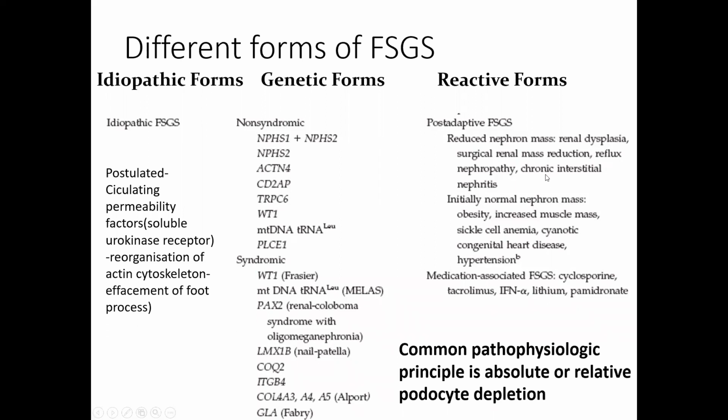These are some reactive forms of FSGS. Whatever the cause, the common pathophysiological principle is absolute or relative podocyte depletion. The depletion can be absolute or relative. You should know that podocyte depletion is the final pathophysiological principle in causing FSGS.